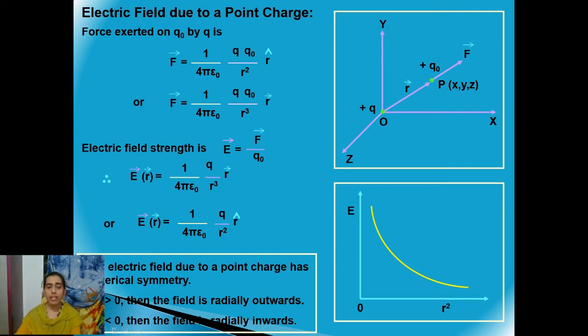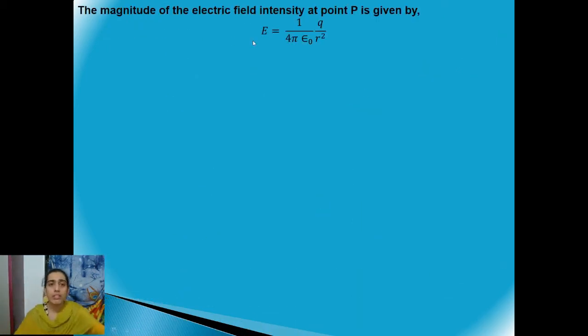Similarly, if the charge is negative, that is if the Q value is less than 0, then the field will act radially inward, because there will be a force of attraction between this test charge and the source charge.